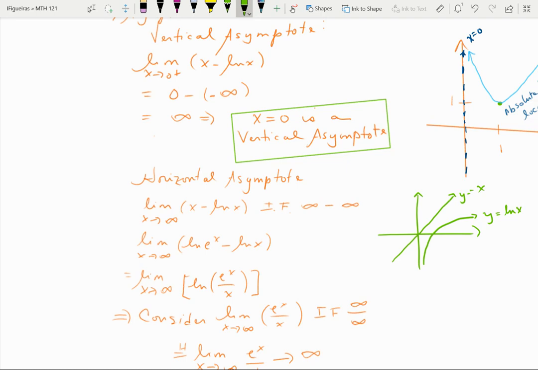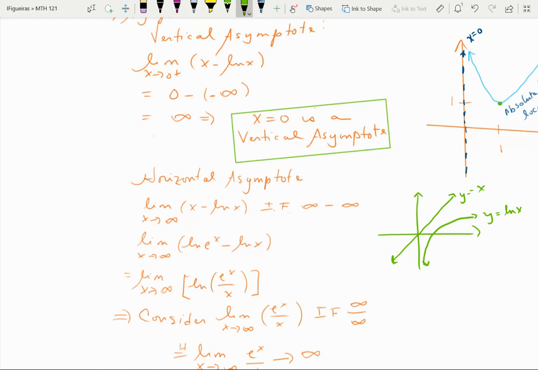So the larger your x values are, the line will be much larger. It will outperform it. The values of x will grow much faster than your ln x values. So that's why I would say, if I were guessing, there isn't going to be a finite result here.